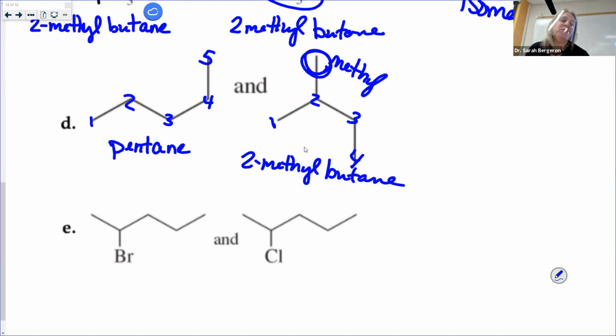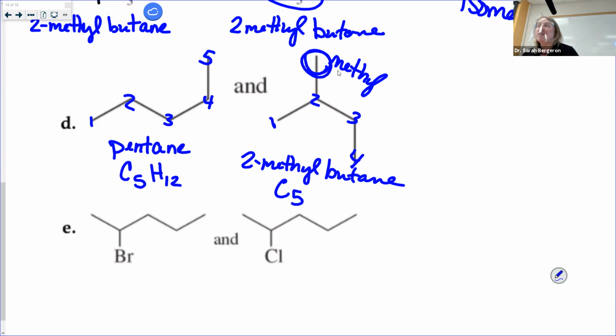Well, how many carbons are in pentane? C5, and then it fits the formula H12, right? Okay, so how many carbons are in 2-methylbutane? 5, because you have to count that methyl. There's 4 in the parent and there's 5. C5.